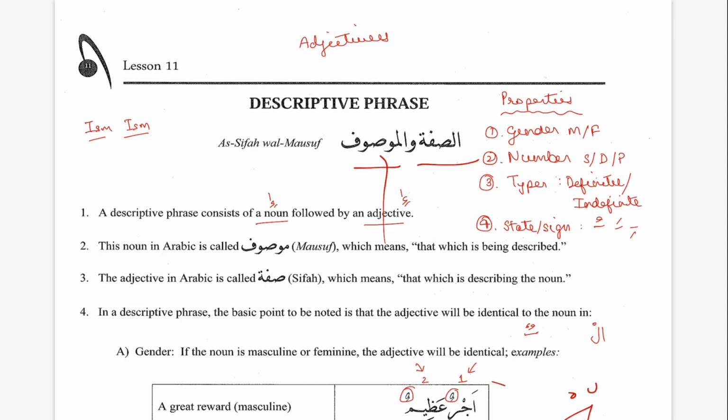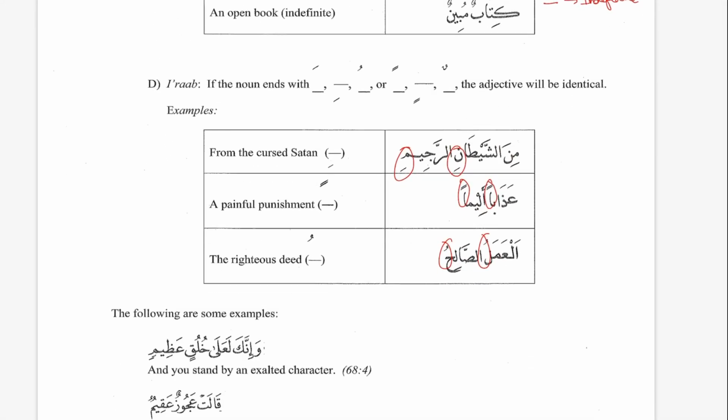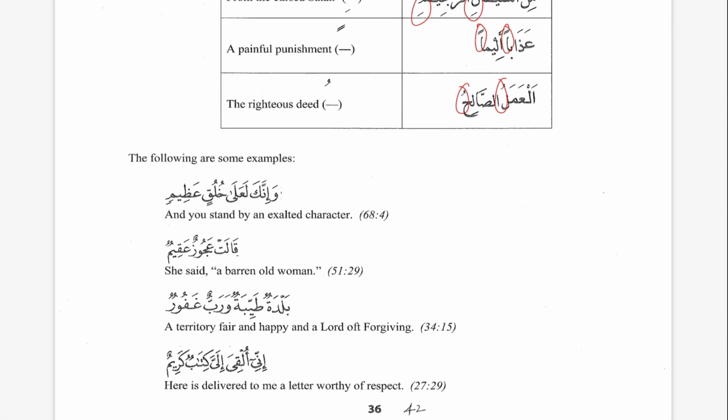And how do we identify this phrase? First of all, there will be two isms clubbed together right next to each other, and then they will have the same properties, right? They will have the same gender, the same number, the same type, and the same state. So we can see some more examples that we have.